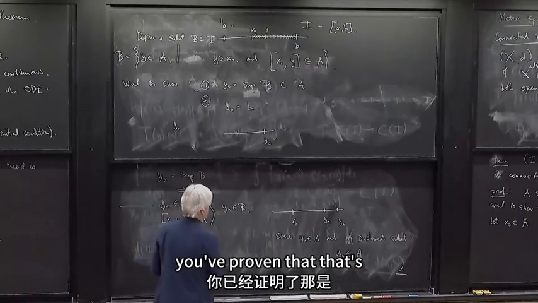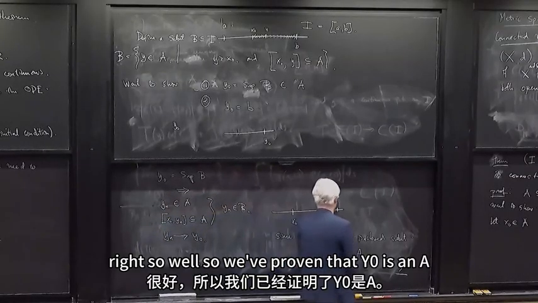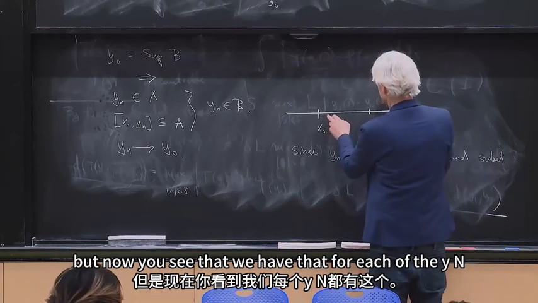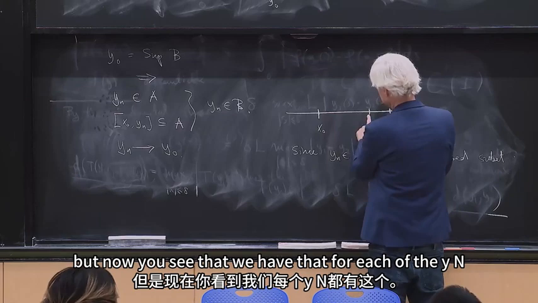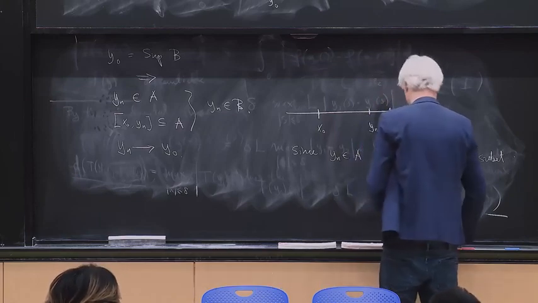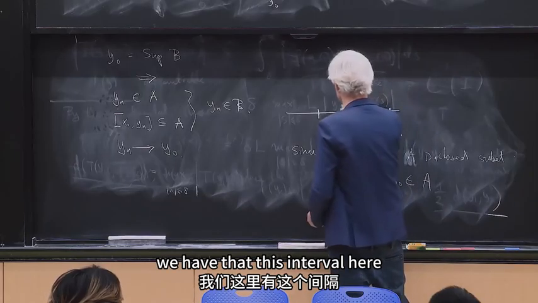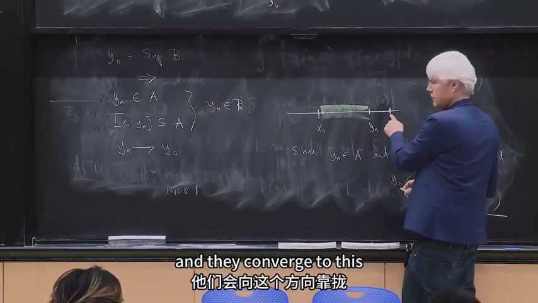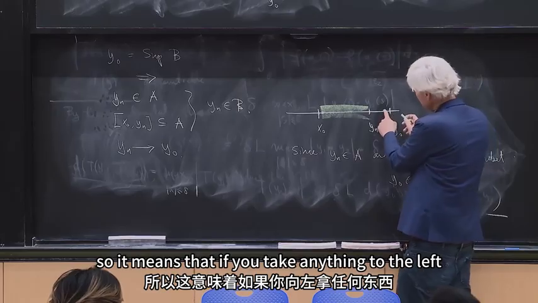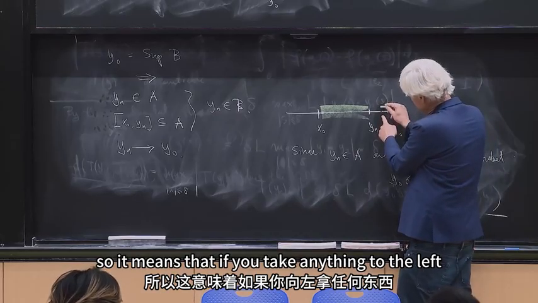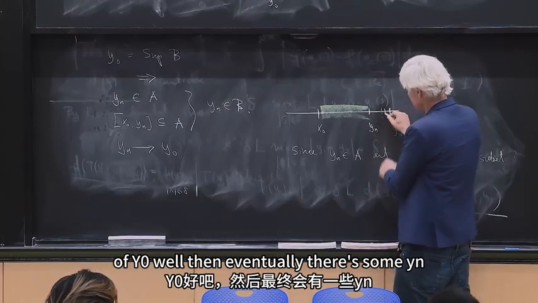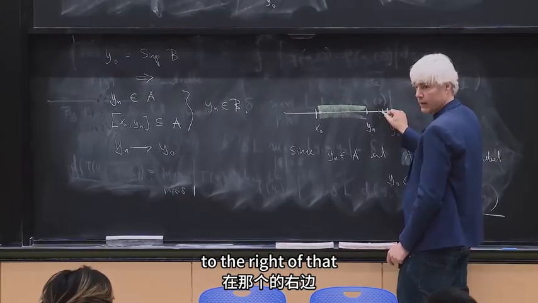We've proven that y0 is in A, but now you see that for each of the yn, this interval here lies in A, right? And they converge to this. So it means that if you take anything to the left of y0, then eventually there's some yn to the right of that.